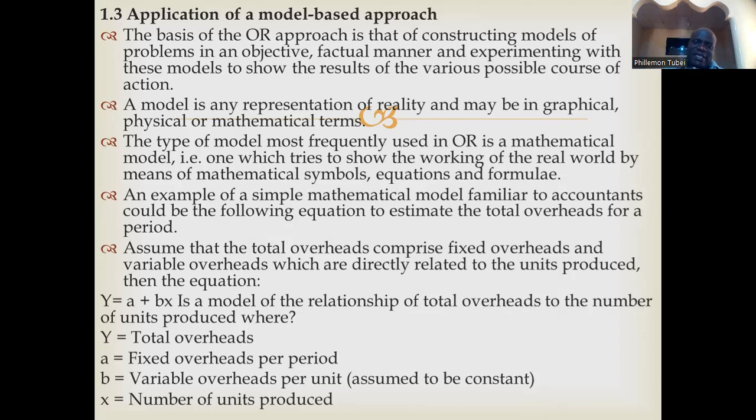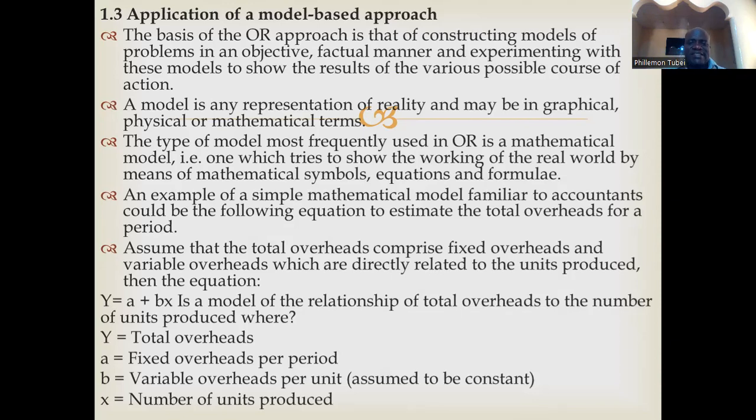So a model is any representation of reality and may be in graphical, physical, or mathematical terms. Therefore, the type of model most frequently used in operation research is a mathematical model, i.e., one which tries to show the working of the real world by means of mathematical symbols, equations, and formulae.